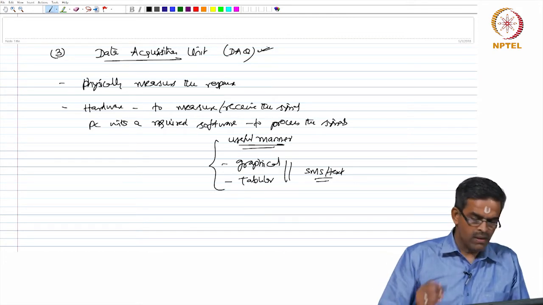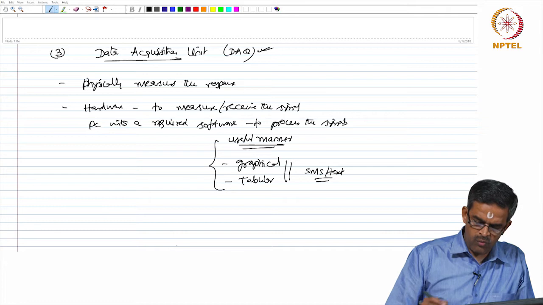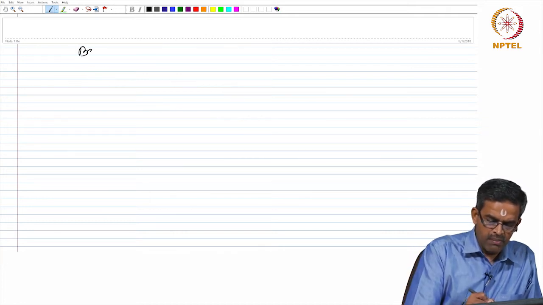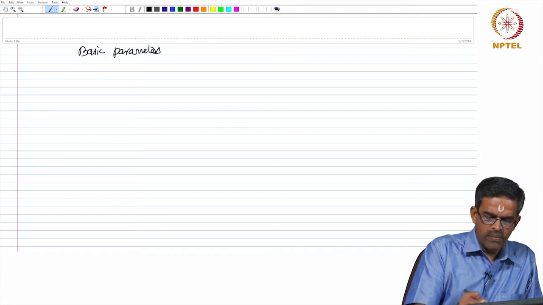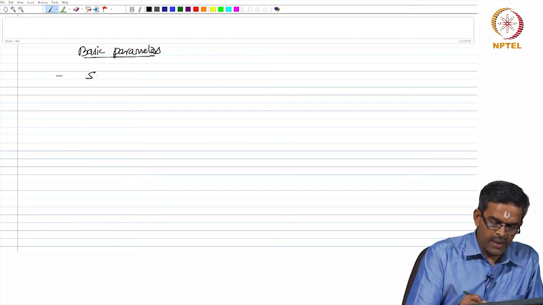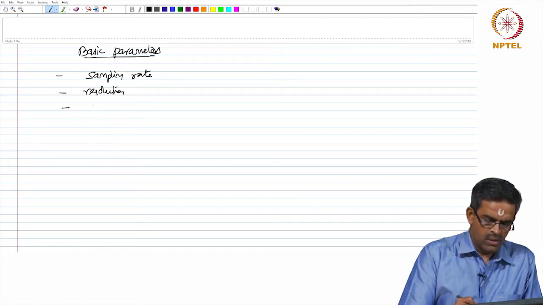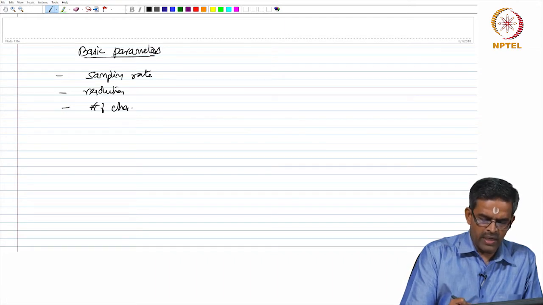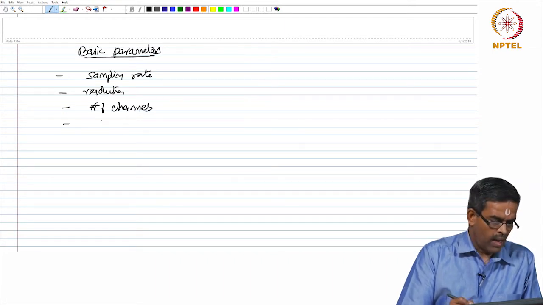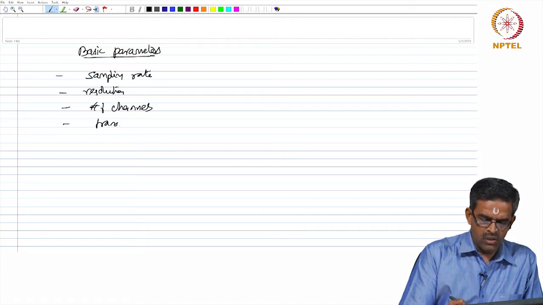Now the question comes: what could be the basic parameters based on which the DAQ should be chosen for the design of SHM? One, it should be based on the sampling rate. It should also be based on the resolution of the data you want to produce, the number of channels you are connecting in parallel, and the type of transducers you are using as sensors.